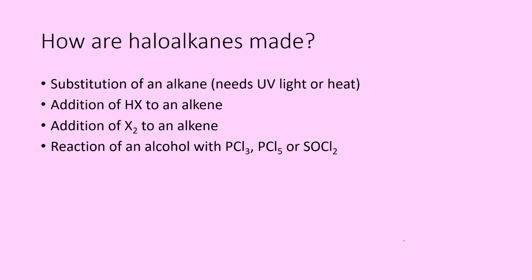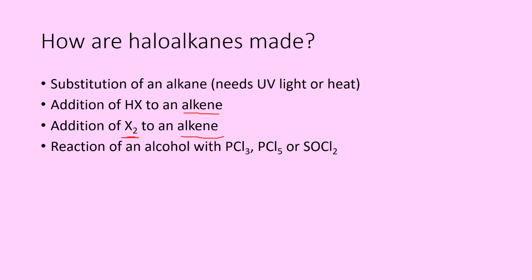So how are haloalkanes made? Firstly, by the substitution of an alkane where a hydrogen is replaced with a halogen atom. Also addition of HX, where X is a halogen, to an alkene. So addition across a carbon-carbon double bond, or it could be Cl2 or Br2, I2, or F2.